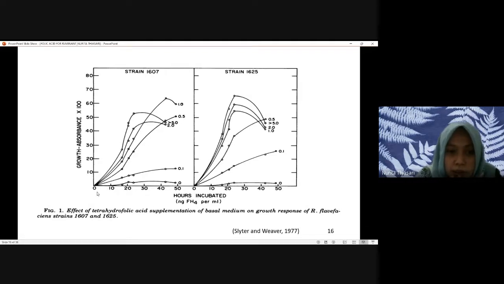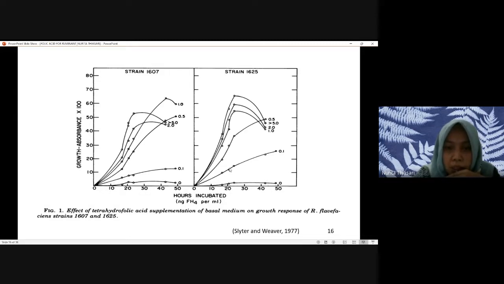And then the next research is about the effect of the tetrahydrofolic acid. The previous study was about the different forms, and right now it is the level of the tetrahydrofolic acid supplementation for the growth of the Ruminococcus flavifaciens. So we can see in here, without the addition of the tetrahydrofolic acid, the growth of the bacteria is very low.